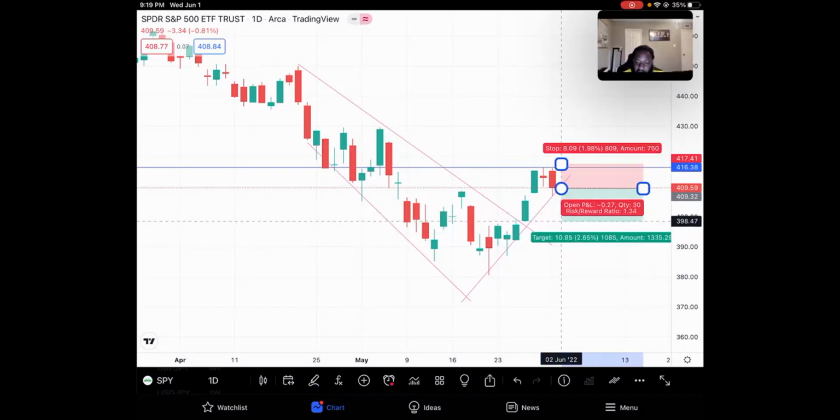So right here? Yep, like that. But the only thing is when I look at it like that, I feel like I'm risking too much for my reward. It's like an 8 to 10, a little bit over, like a 1 to 1.2. So what I would do is lower the stop loss exactly to the blue line.